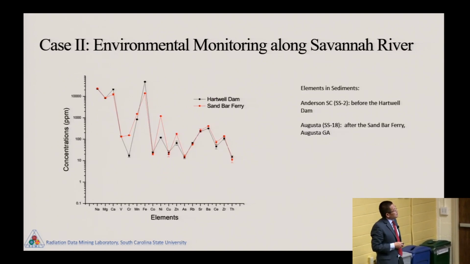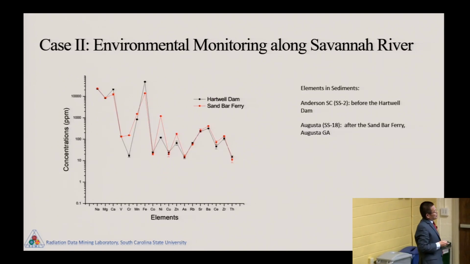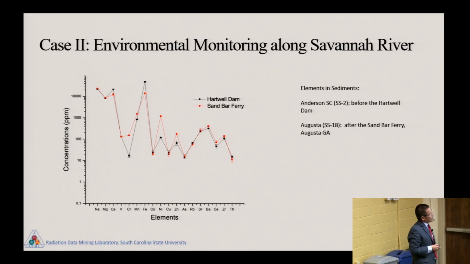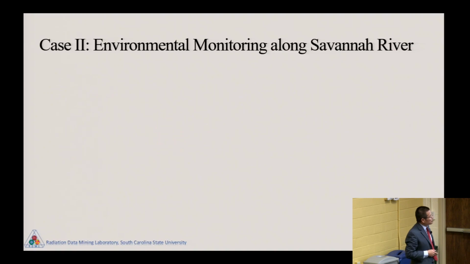And this is the elements in sediment. And we have Anderson, South Carolina, and Augusta in Georgia after Steel Creek Ferry. And there are elements like this nickel, and this is zinc. Okay.